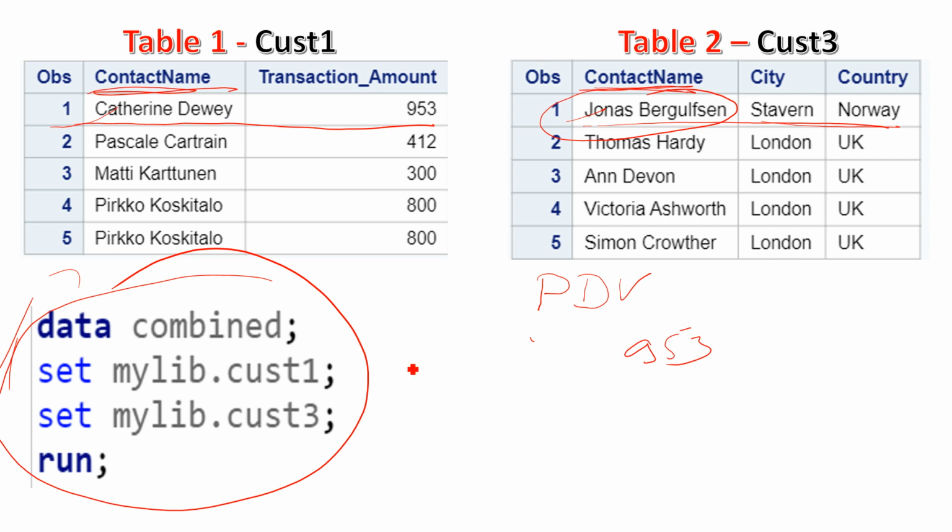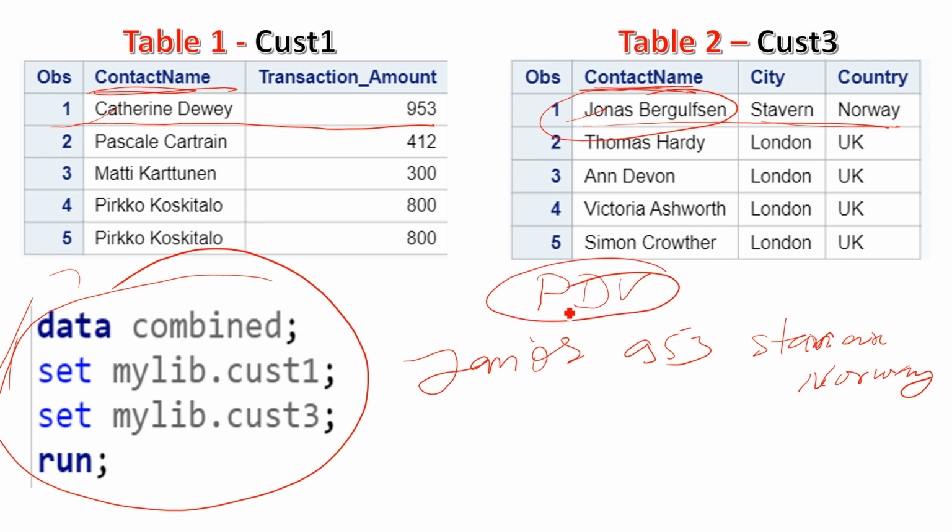So here it will replace Catherine with Jonas. And then we'll put the amount and Norway. So this is how SAS does the combining of two tables in the PDV, the program data vector.